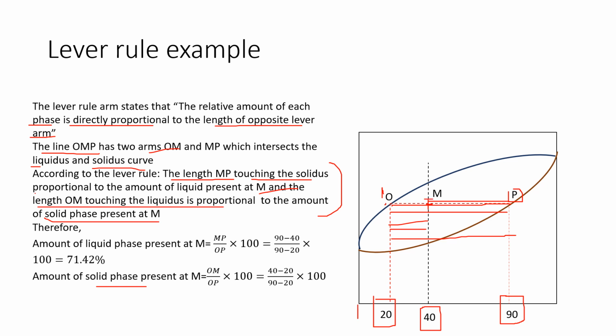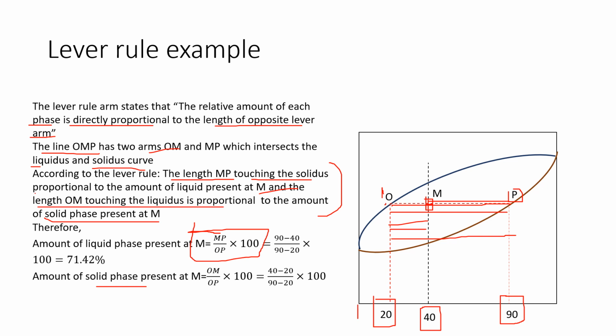We are only interested in finding the amount of liquid phase and the amount of solid phase at this point M, in the mixed L plus alpha region. So in order to calculate this, let's put the values in these two formulas.